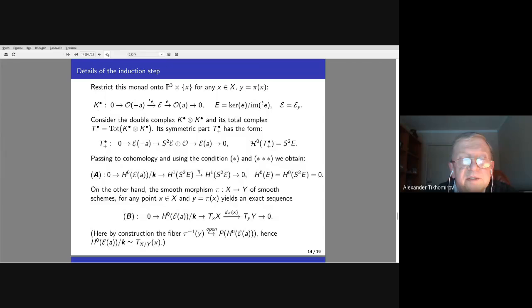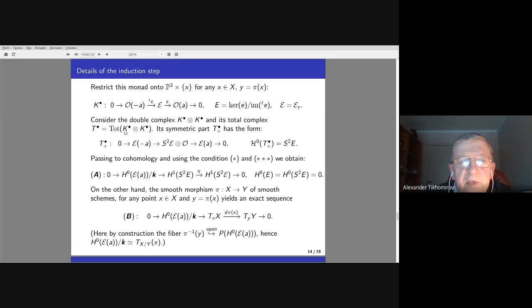Okay. Next, if we restrict our monad onto P3 times a point, then for any point x in capital X and y its point lying downstairs, we obtain a symplectic or anti-self dual monad, which I denote as a complex by K bullet, with homology symplectic bundle capital E. We now consider the double complex K bullet times itself and its total complex T bullet, its symmetric part.